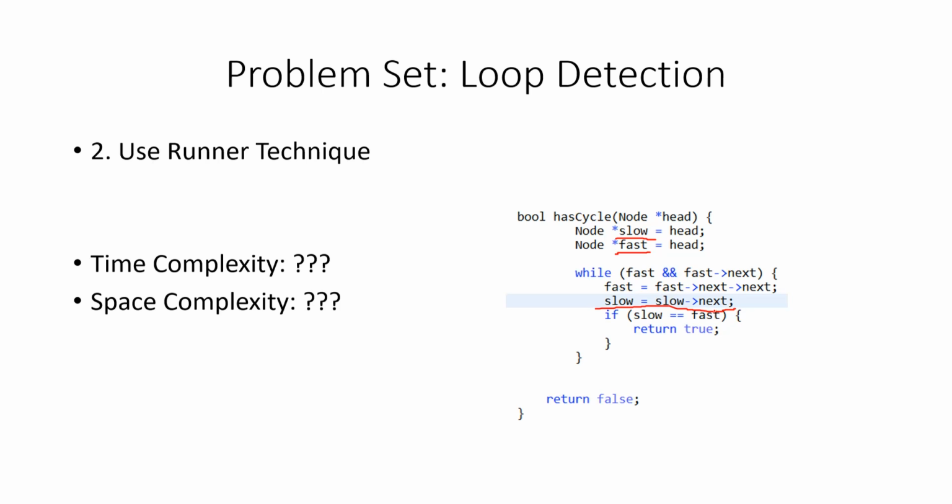But if the fast pointer reaches the end of the linked list, meaning it reaches a node that shows null, it means that we don't have a cycle in the linked list. The time complexity is O of n, and the space, because we have a constant number of pointers, is O of 1.